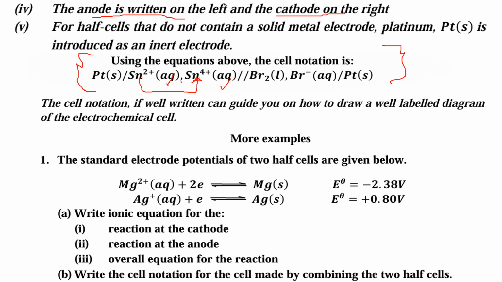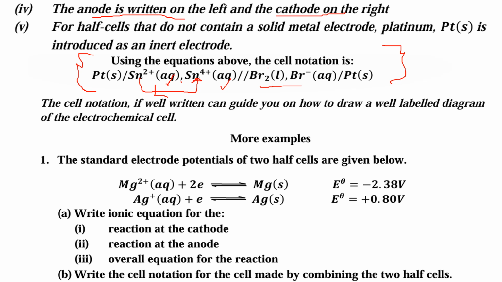So since this is the left-hand electrode, which is the anode, the way you are writing your ions must be in terms of oxidation, because that's what takes place at the anode. But on the right-hand side, we have what we call reduction, or the cathode cell. So whichever you're writing, you must represent it in terms of reduction.